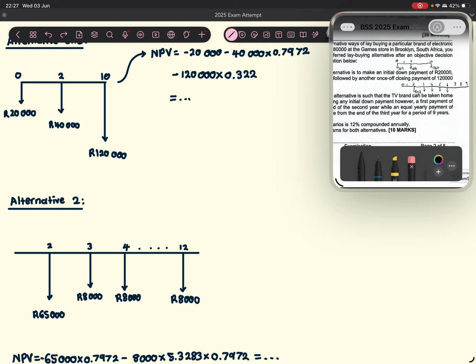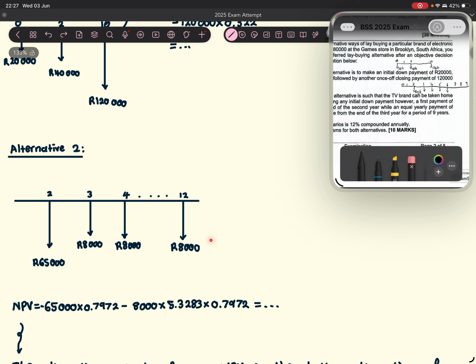You could do that, or we could be smart and group these together. Over here we have an annuity, which means the same amount for consecutive years. I think that's the correct way of saying it. So we're paying 8,000 consecutively for 9 years. There's no gap in between and no change in amount.